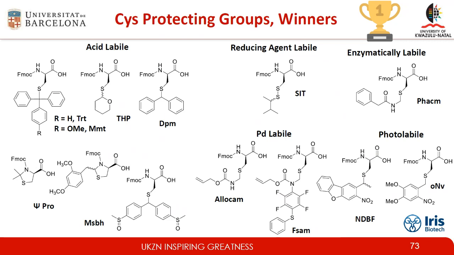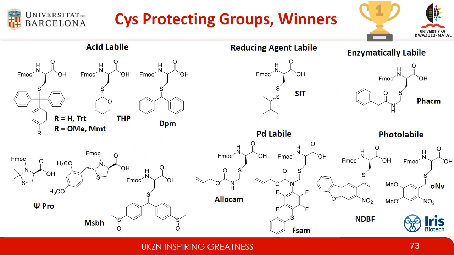For instance, we didn't talk about that, but we know that in the ADCs, antibody drug conjugates, some of them or most of them, the conjugation is through a cysteine-like moiety. One of the problems of the ADCs is the lack of stability.